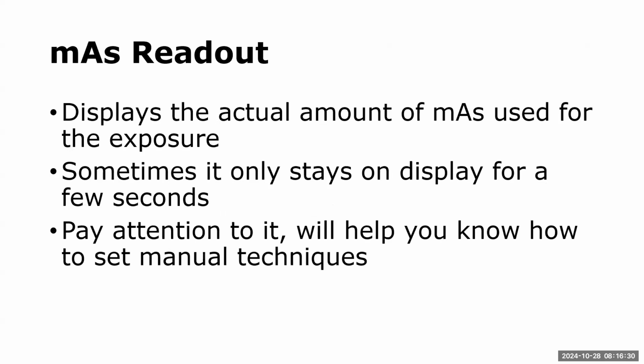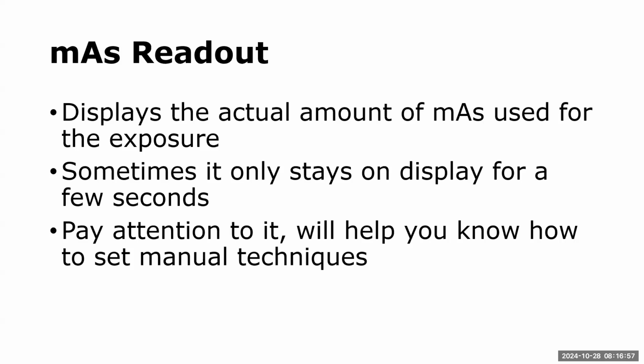So hopefully you have noticed that even when you're using AEC, as soon as you make your exposure, what comes up on the control panel? It's in big bold letters up there: mAs, right? As soon as you shoot it, you'll begin to notice. You may not have known to pay attention to that.